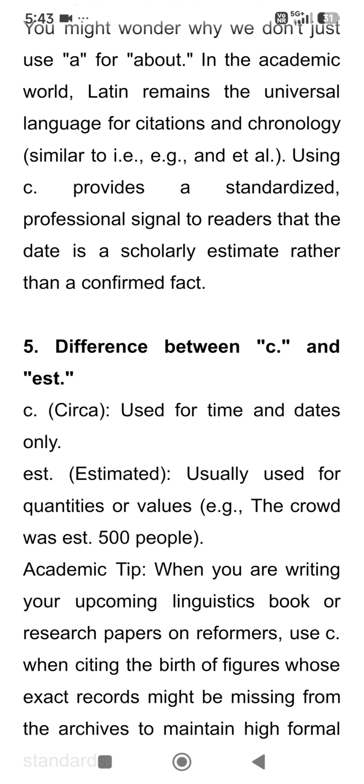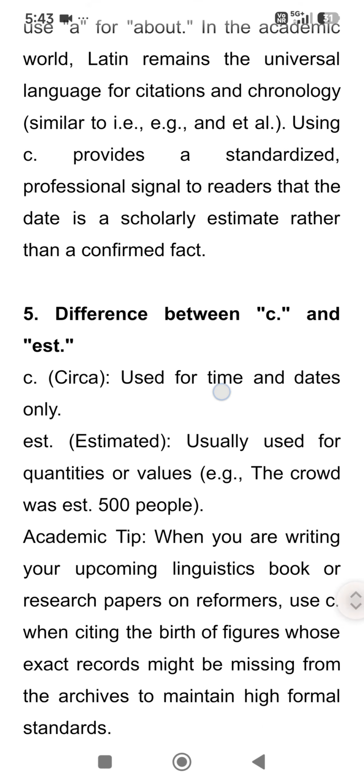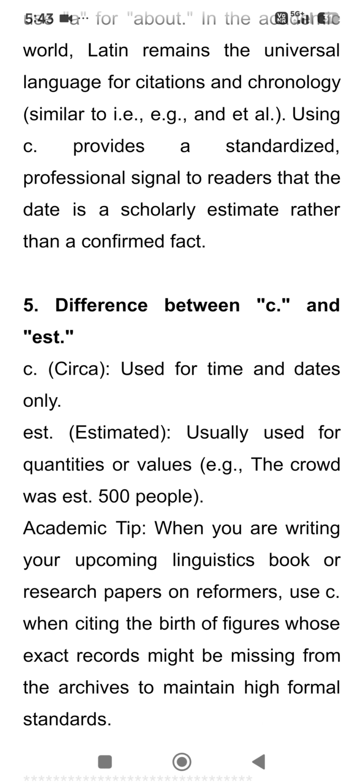In the academic world, Latin remains the universal language for citations and chronology. English is changing day by day, in fact rapidly, but Latin, 26 percent of the language we use in English is still Latin, right?